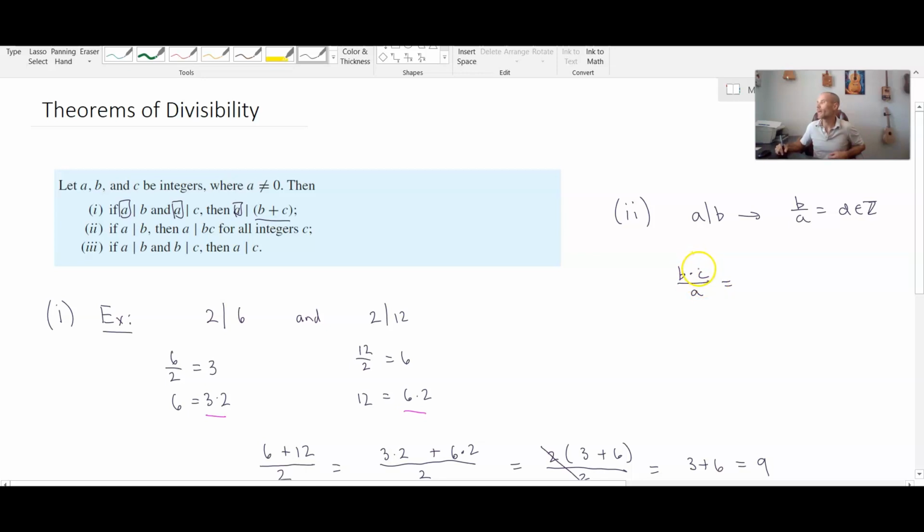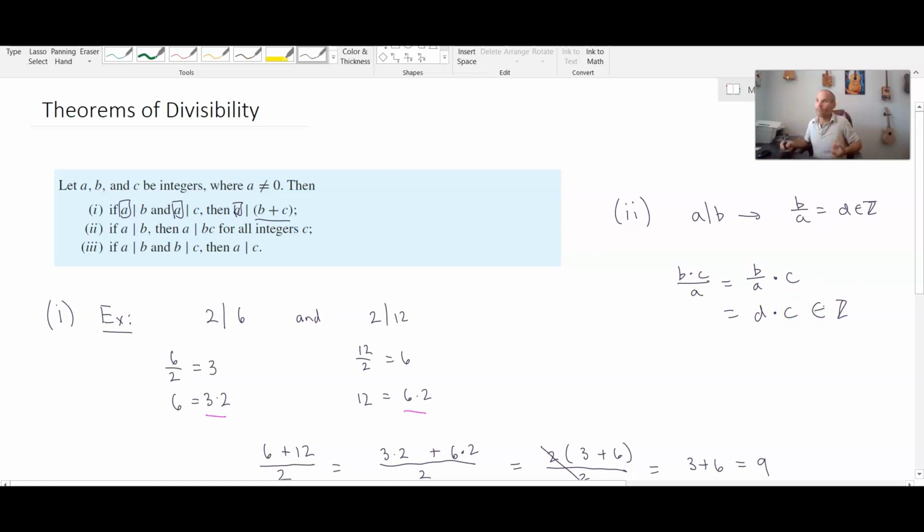Well, we just said that B divided by A is some integer, so I'm going to break this up into B divided by A times C. B divided by A is equal to D, and D is an integer and C is an integer. So if I multiply two integers, that is itself an integer.